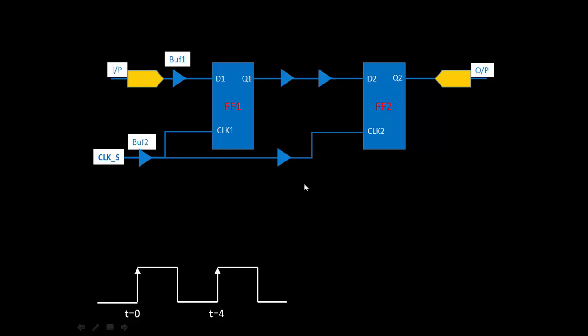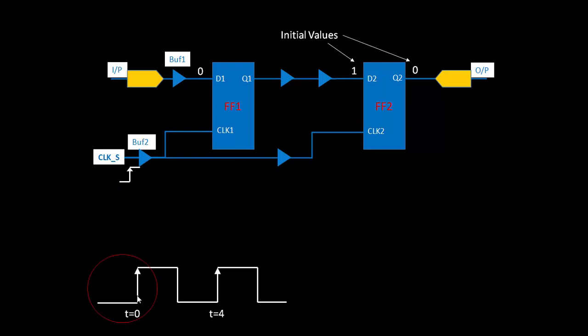Just for that understanding, I added two extra buffers here, so that you can understand that this path has a greater delay in comparison to this path. Now, like we did in the previous animation, the initial values we applied here are 1 and 0, and our expectation is that 1 is supposed to pass here. We have applied 0 at the input of FF1. Now we are going to apply the positive edge.